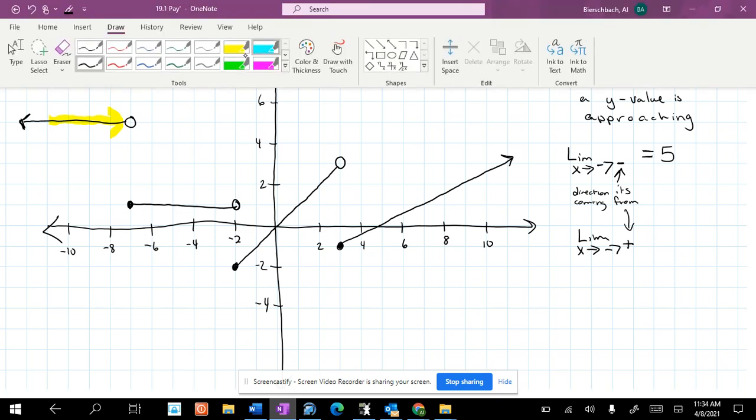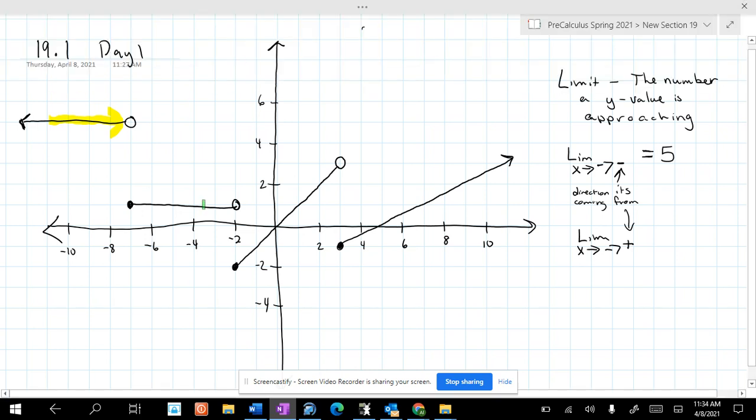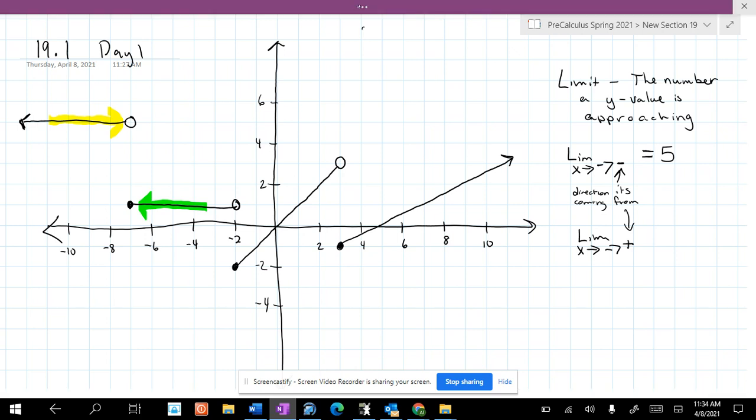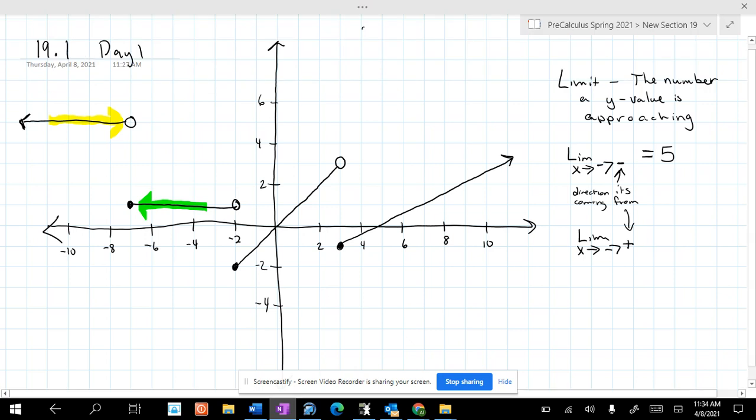So if we're coming from the right towards -7, we're along this line down here. As we're coming from the right, we're along that line from right there. So as we're going towards that, what's the y value going to be? 1. Okay.